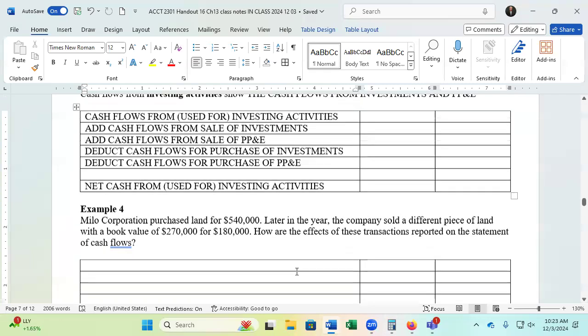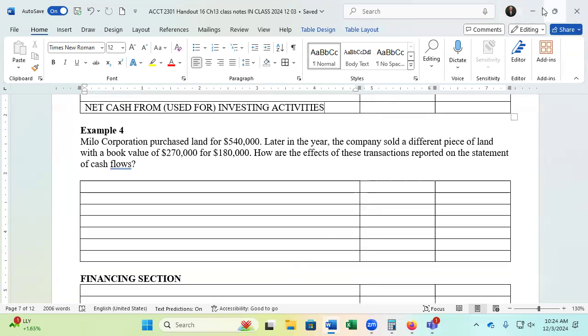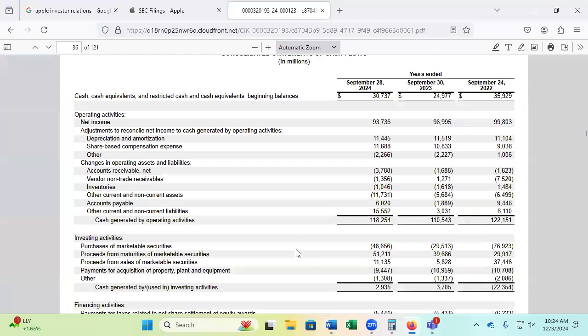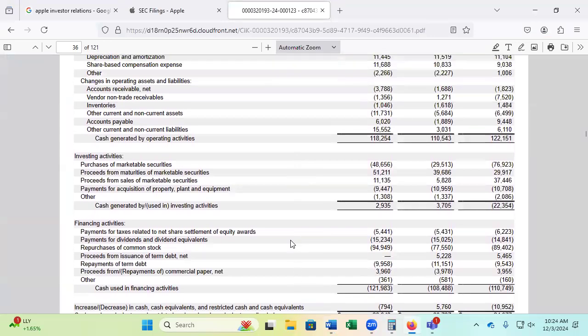Okay. Now, before we jump to example 4, I'll let everybody take a peek at Apple's again. It's pretty straightforward. Purchase of marketable securities, those would be their investments, proceeds from maturities of marketable securities, proceeds from sales of marketable securities, payments for acquisition of property, plant, and equipment, and then most big companies will have other because they have small things.